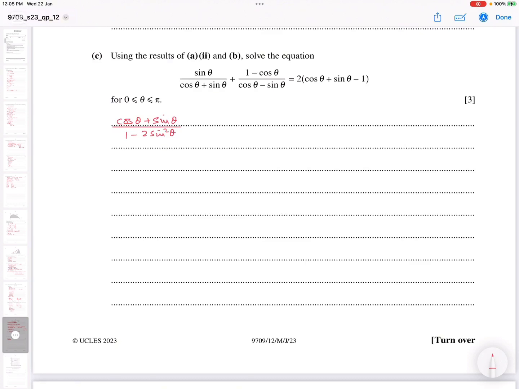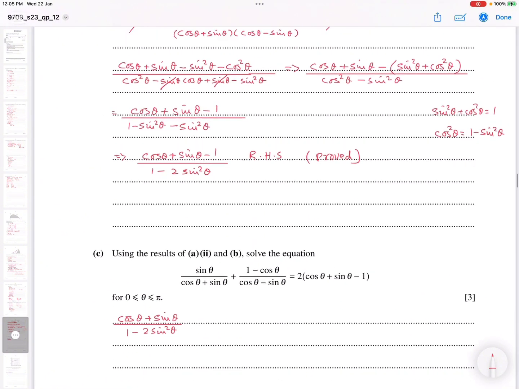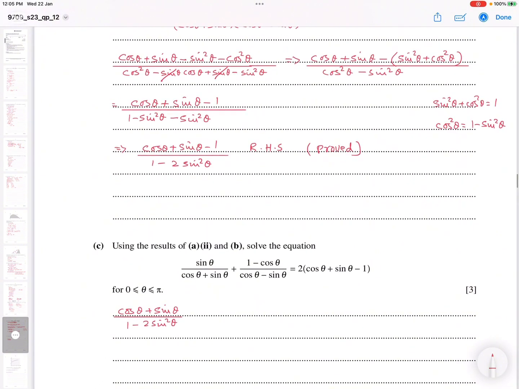Okay, let's see our result in part B. This is our result in part B: cos theta plus sine theta minus 1 over 1 minus 2 sine square theta.